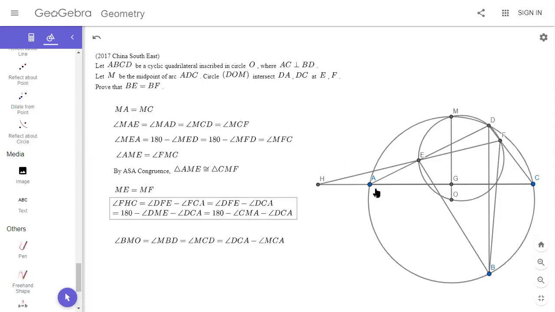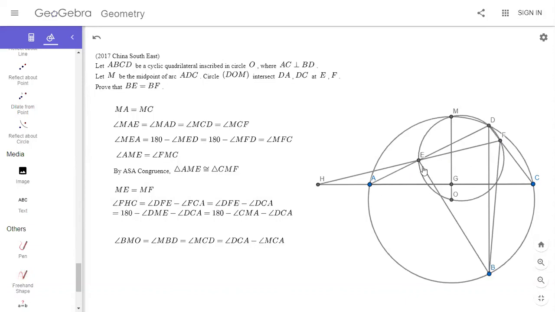So CMA is the same as FDE. I think, did I just go in a circle? Something's weird here. Let's see, FHC is DFE minus FCA. That sounds good, which is DFE minus BCA.